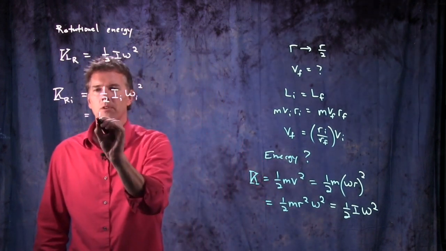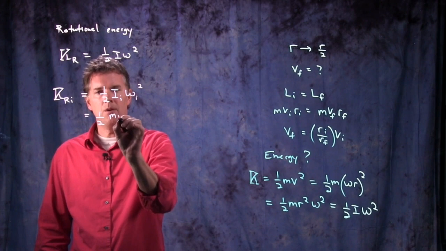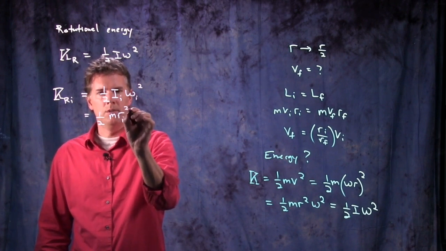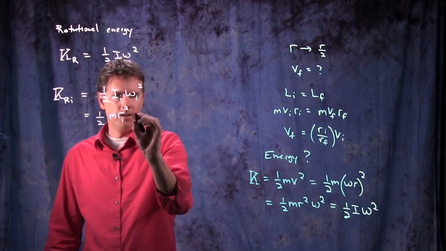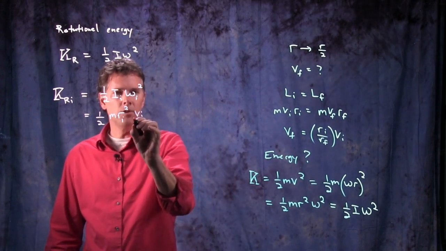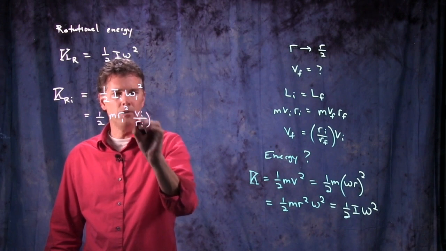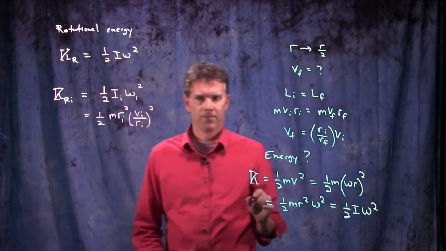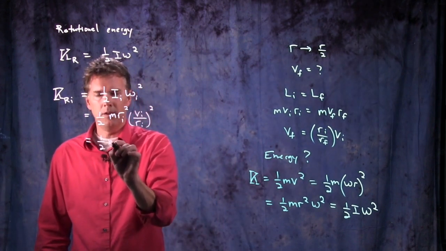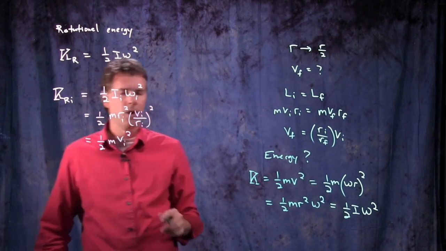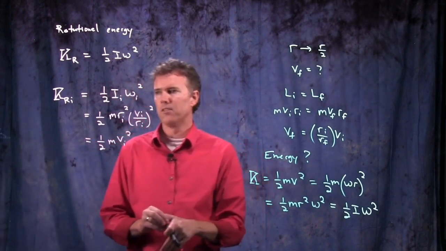But I initial is m r initial quantity squared. Omega initial is what? It is v initial divided by r initial, quantity squared. And look what happens. We just get back to our good old kinetic energy, 1/2 m v i squared. It all sort of makes sense.